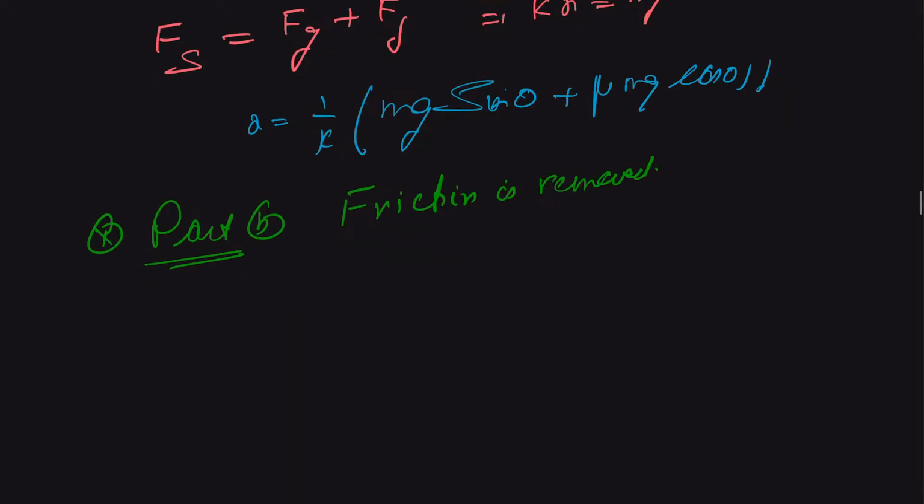So we can say that our block is at rest, and that position is x equal to its maximum position. As soon as the friction is removed, the block has the tendency to move in the upward direction.